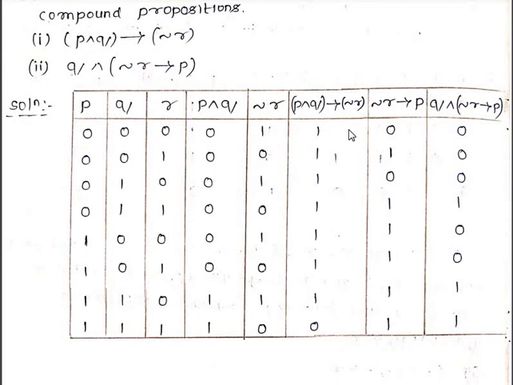Negation R is here, implying P. So only when it is 1 and 0, it will give 0.